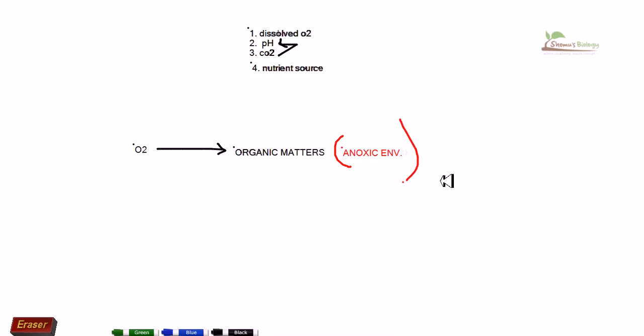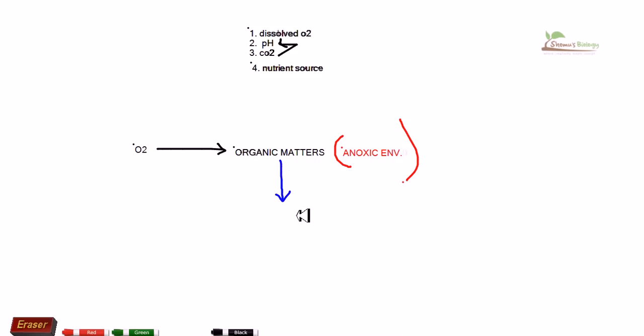Now in this particular step, other organisms called algae start to form. Most of the time it is algae that start to take up the organic matter, the microorganisms that consumed all the oxygen.